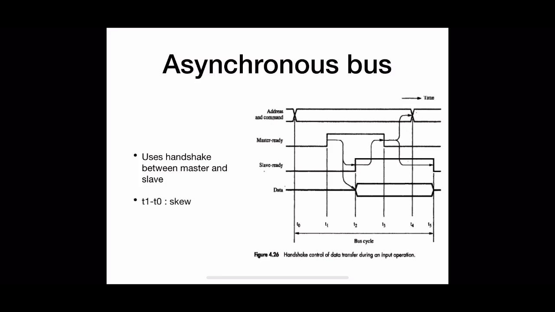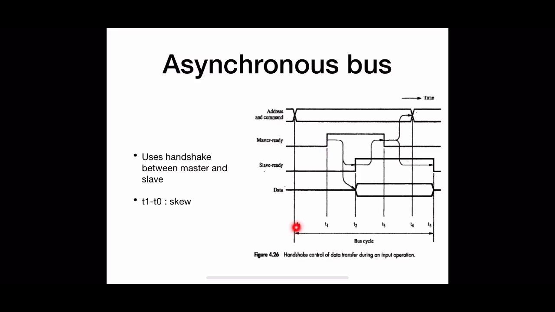Now coming to the details of this diagram, at time t0, the bus master places the address on the address bus and the read command on the control lines. All the devices on seeing this information start decoding it. Now at time t1, the master places the master ready signal to inform all the devices that the address and the command information is already placed on the corresponding lines.